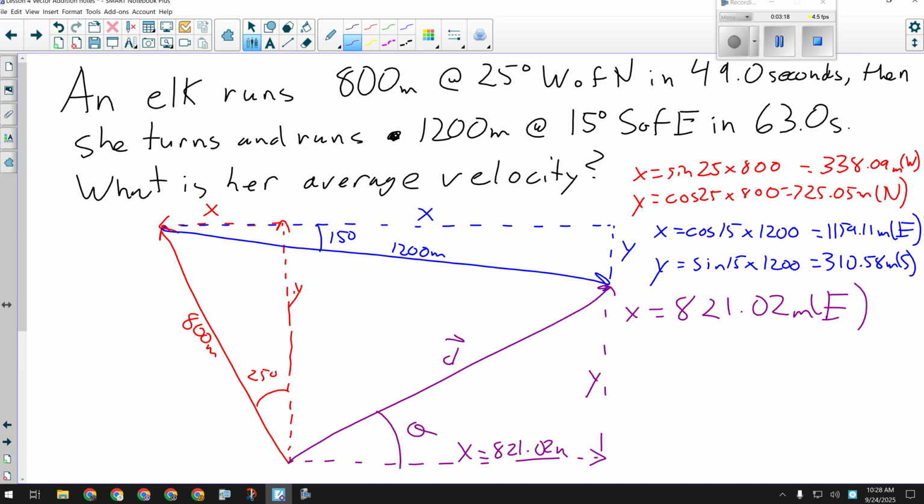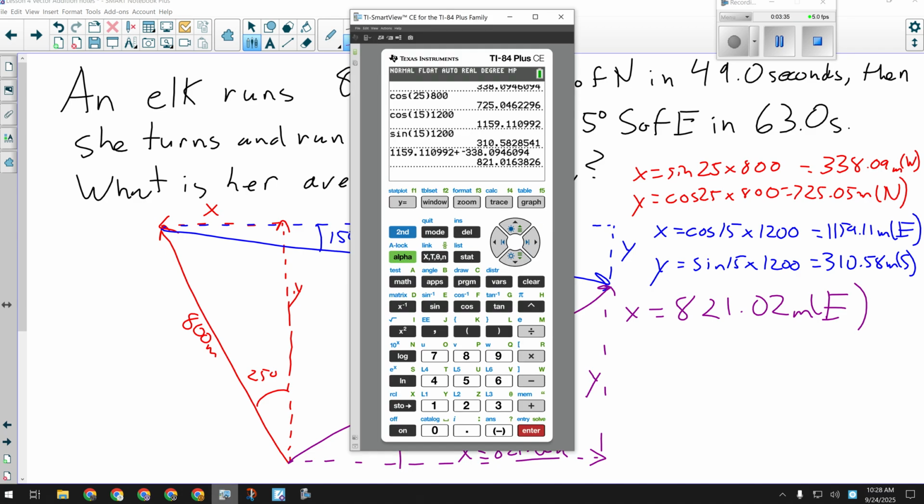All right, both y components are also opposite. In the red triangle, the y component is north. In the blue triangle, the y component is south. So we'll have to do the same thing with them. That'll be my 725 and my 310.